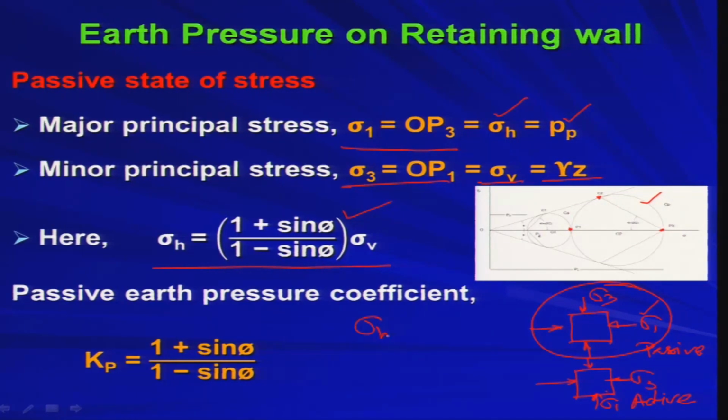Now, again we know sigma h is nothing but k into sigma v. For the passive case, sigma h is k p into sigma v, where k p is the passive earth pressure coefficient, which is (1 plus sin phi) by (1 minus sin phi). Now, you see k p is much larger than k a, which tells you that the active earth pressure will always be lesser than your passive earth pressure. I hope you have understood this.